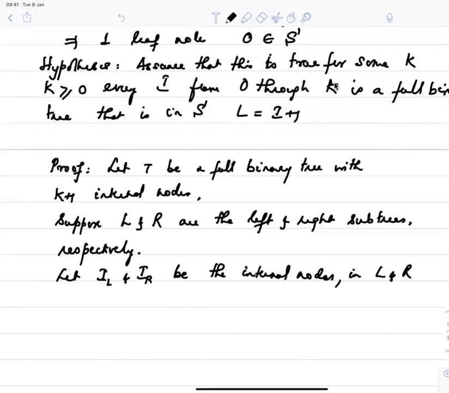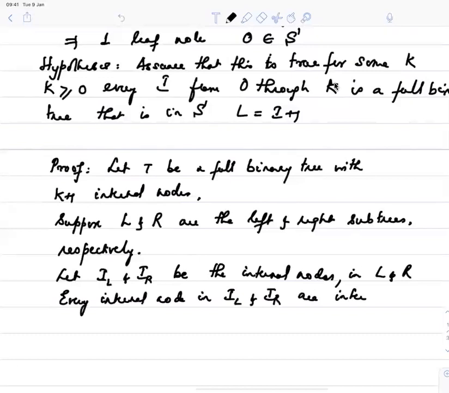So clearly, every internal node in IL and IR are internal nodes of the tree.